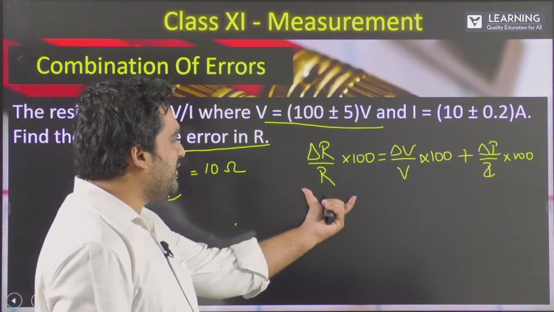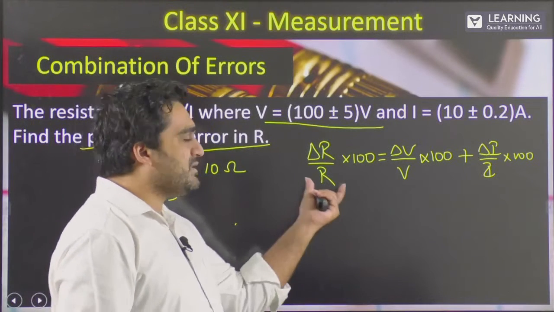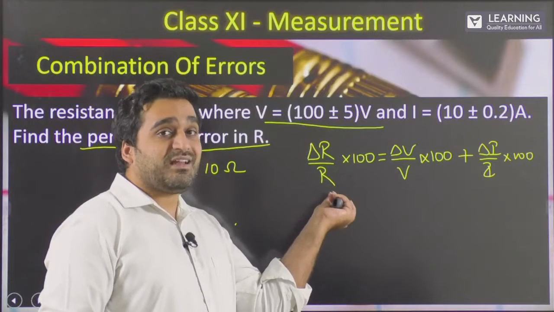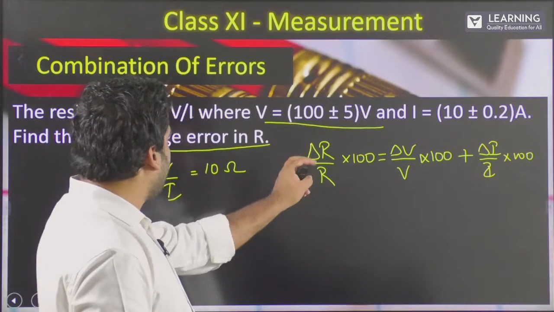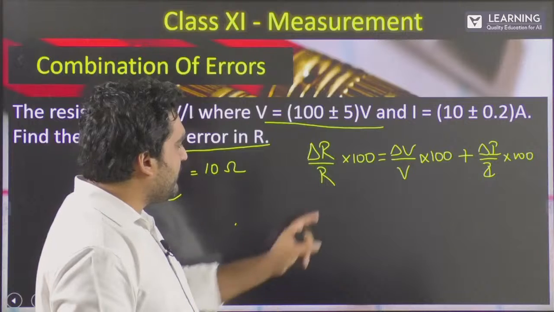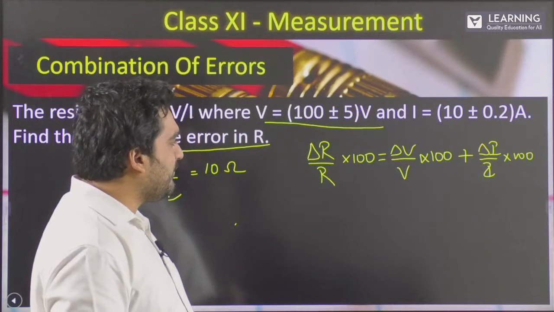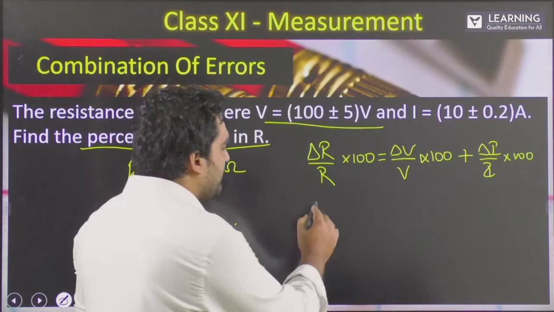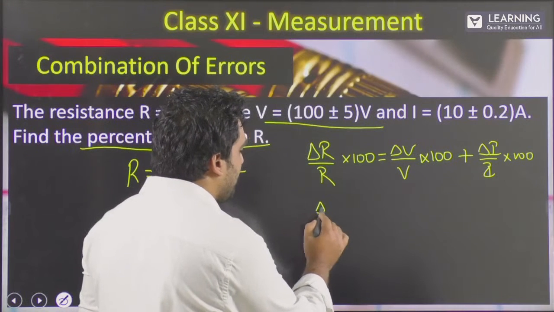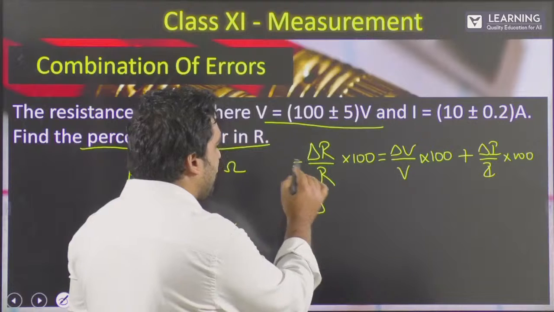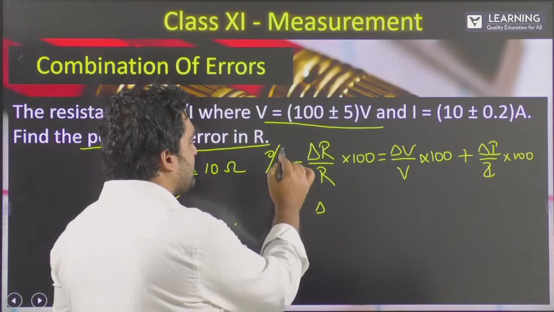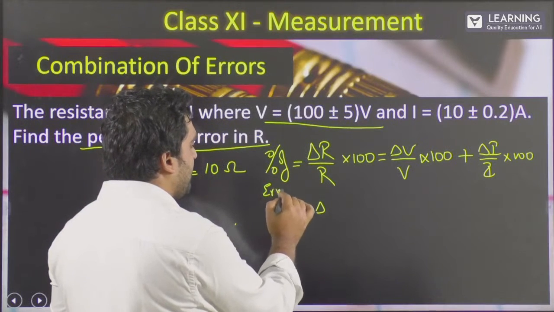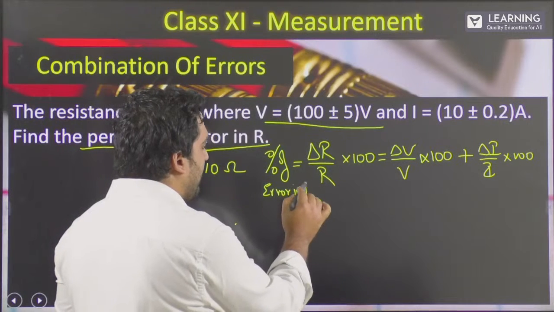What we're trying to determine here is the percentage of error. First we find the relative error and then we find the percentage of error, which is times 100. So let's go ahead and solve this.